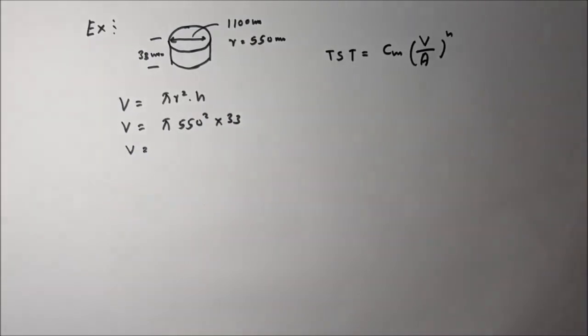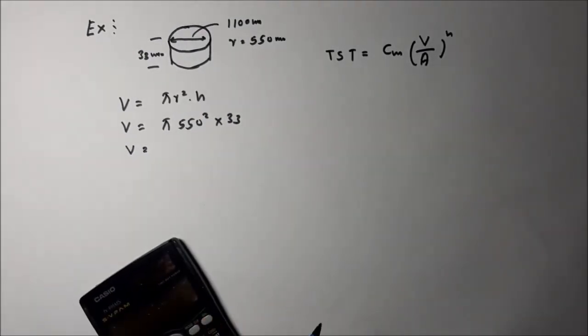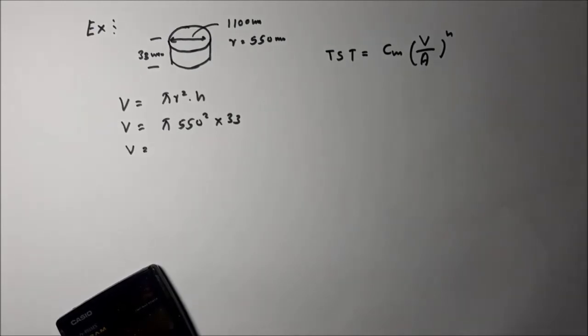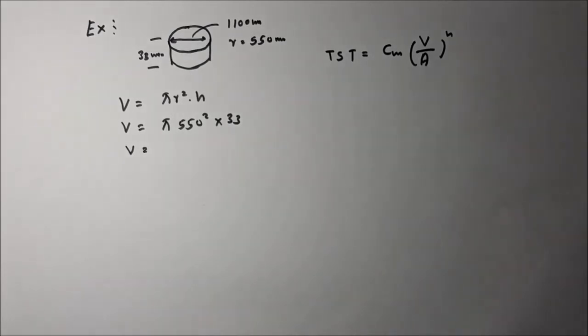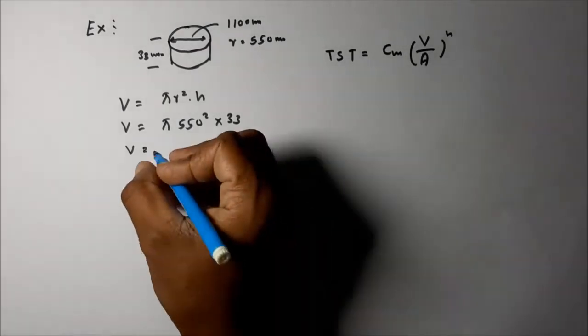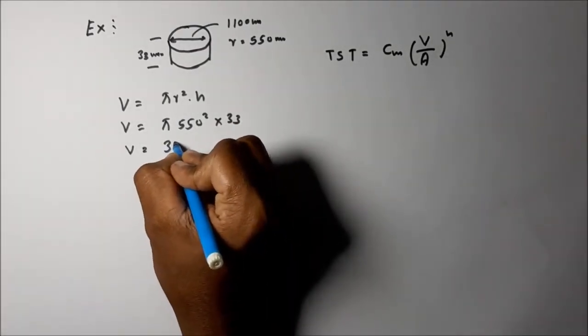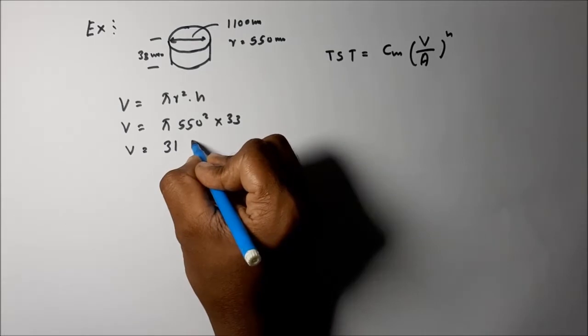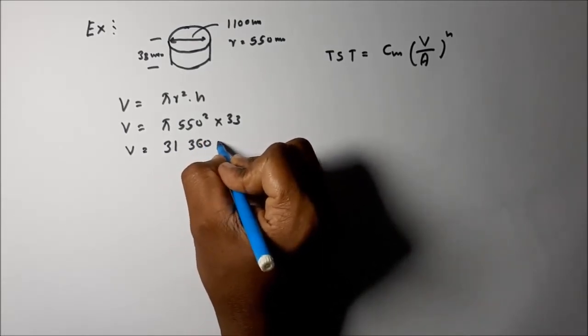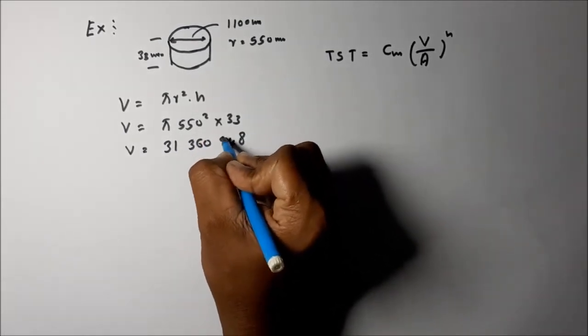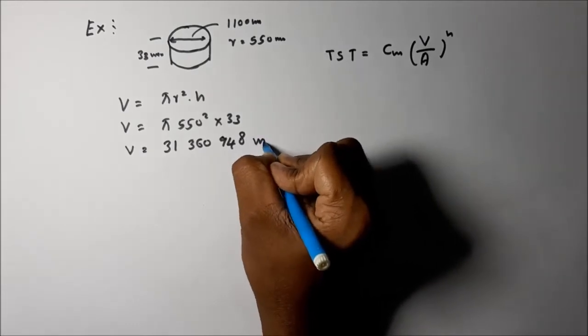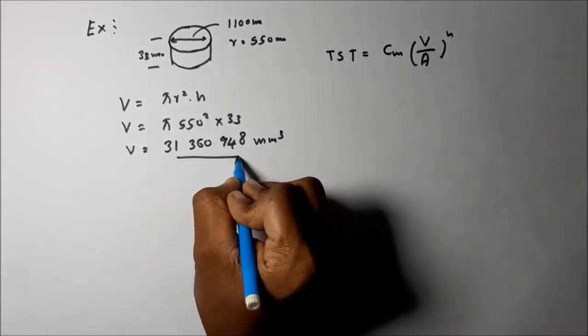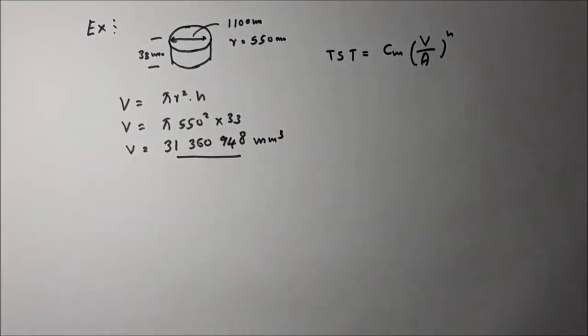You will get the answer, that is equal to 31,360,948. This is the total volume of the casting in cubic millimeters.